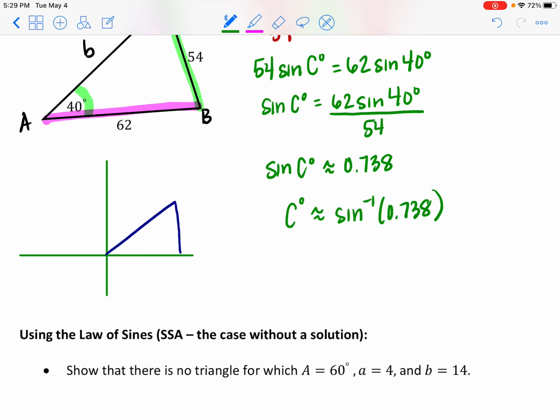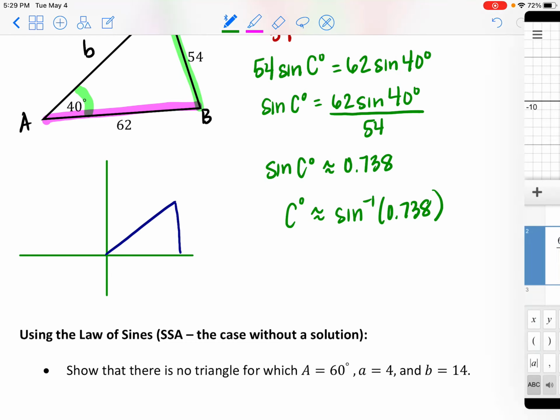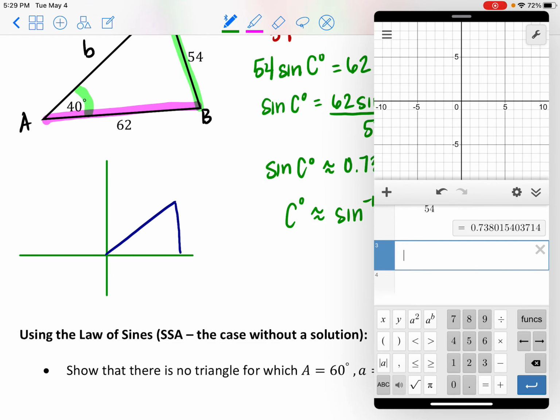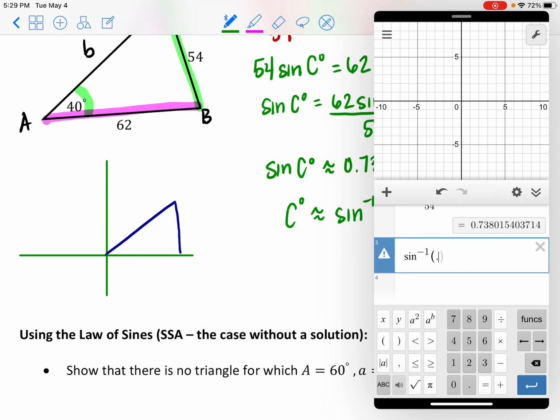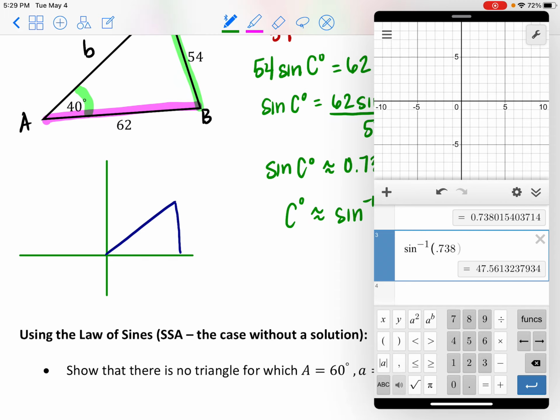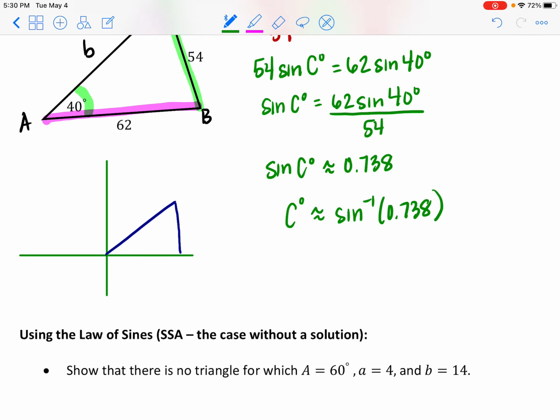We undo sine with inverse sine. So if I take the inverse sine of 0.738, that's going to give me my angle measurement. So inverse sine of 0.738 is going to be about 47, let's just say 47.6. So C is about 47.6 degrees, okay? So that would be the angle here.